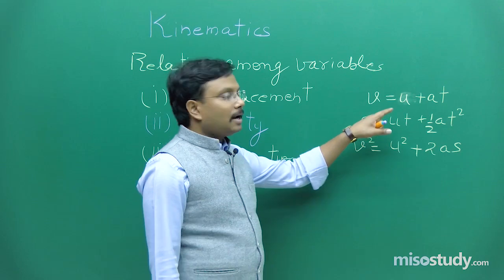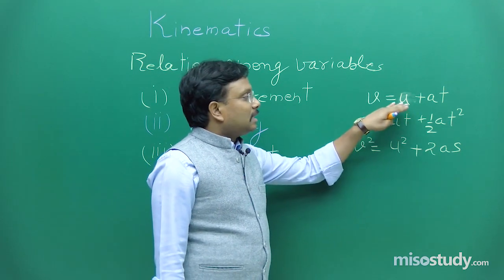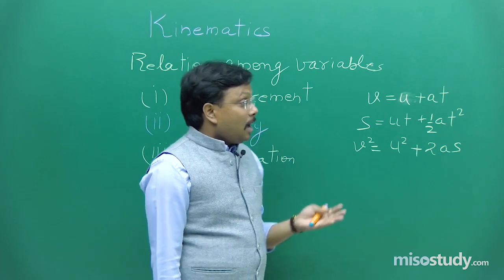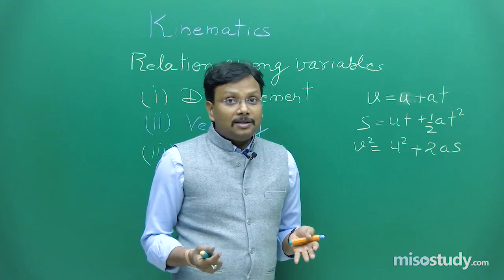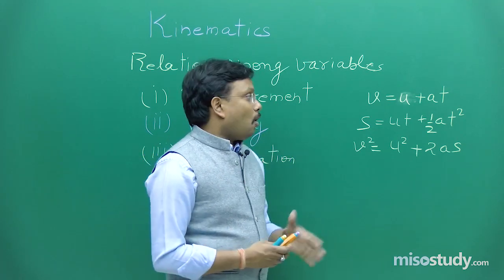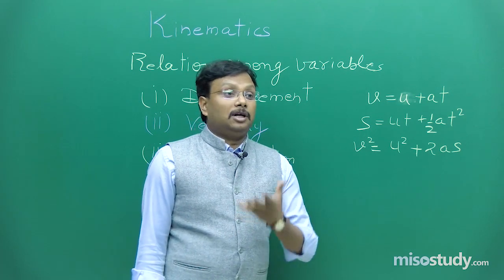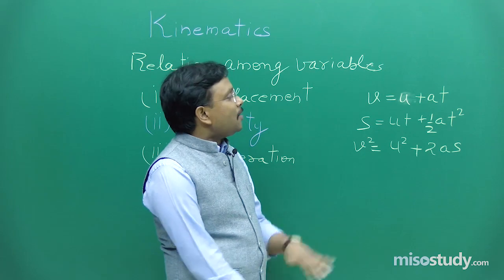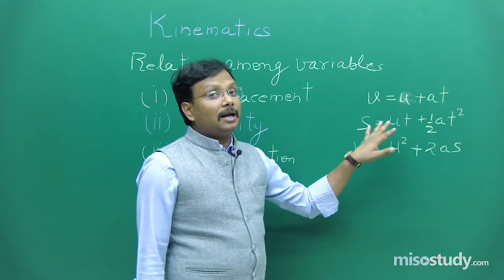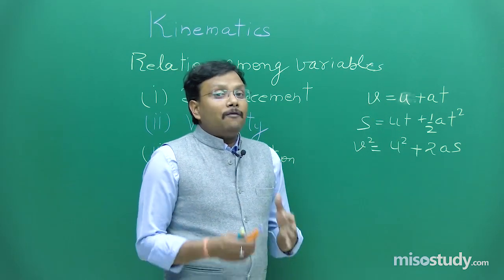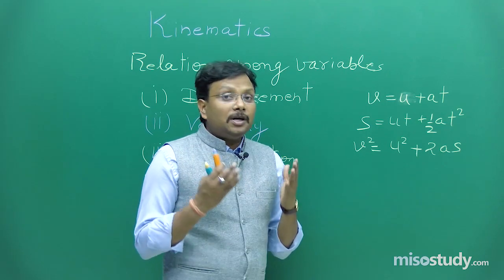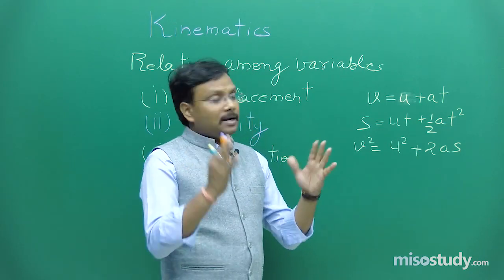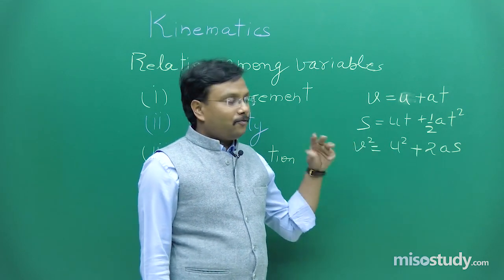But in class 9th, we achieved these relations using graphs. Now you are in class 11th, so obviously you want to learn some higher order thinking techniques to find these relations. So we will try to derive these relations using our understanding of differentiation and integration. No graphical method.